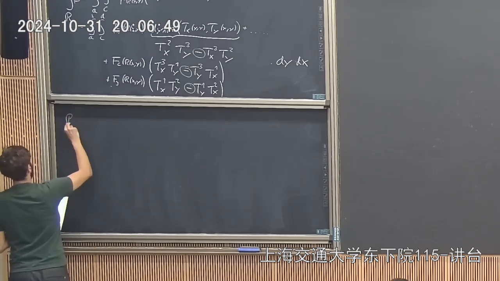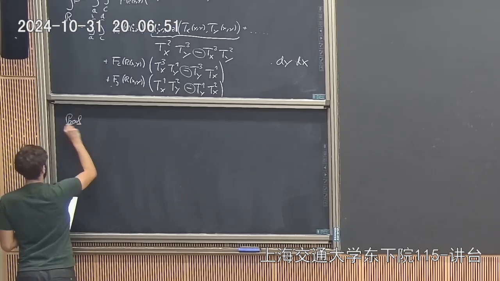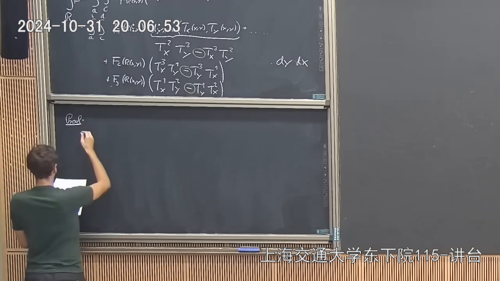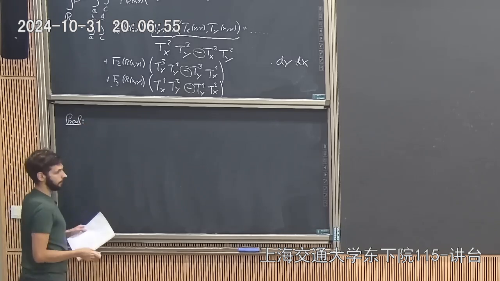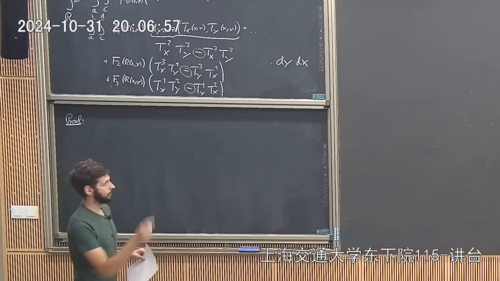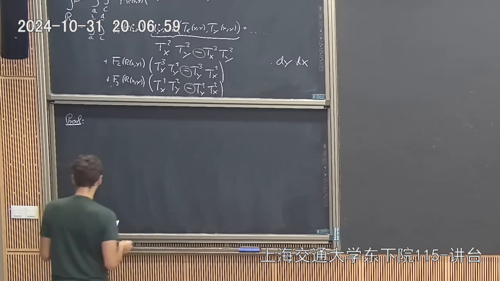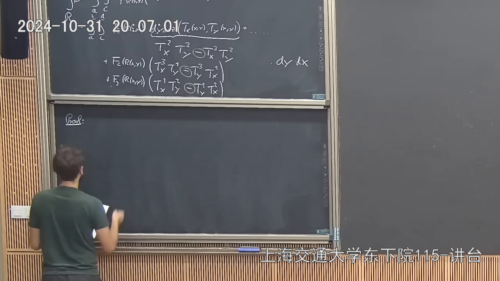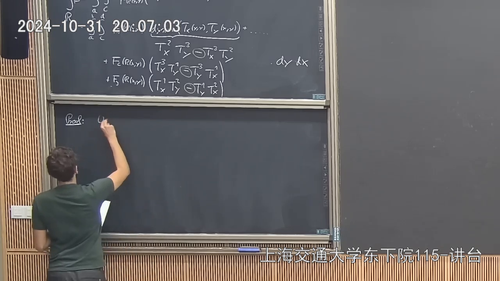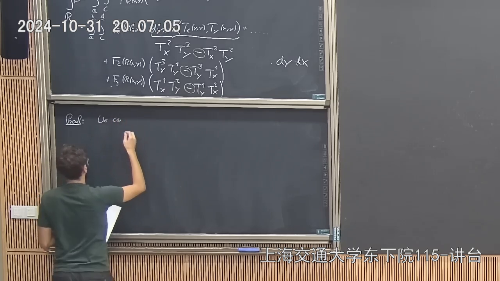Because we have some 2-dimensional object, alpha is a 1 form in 2 dimensions.